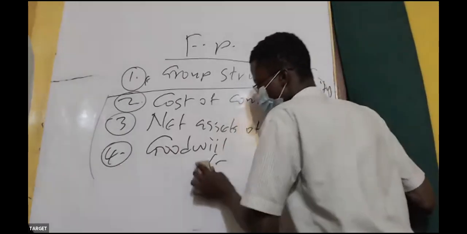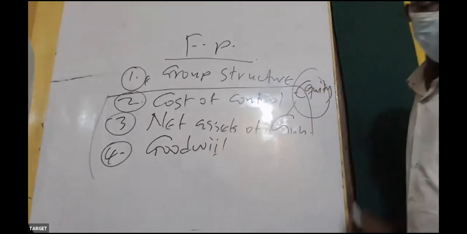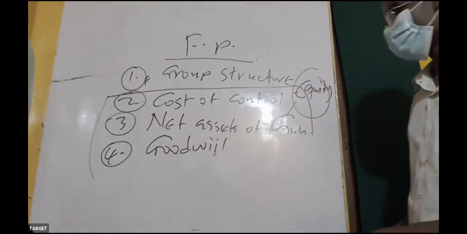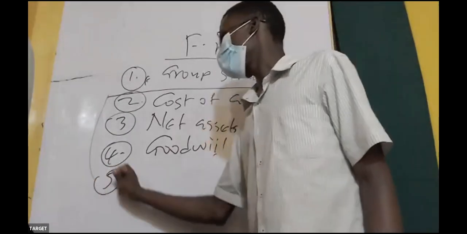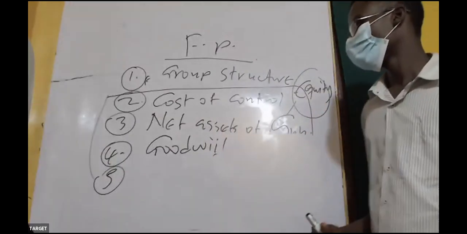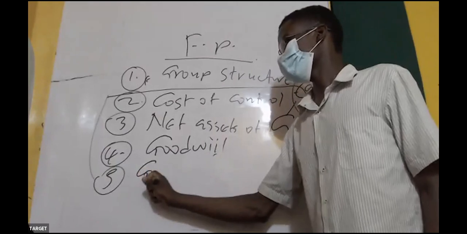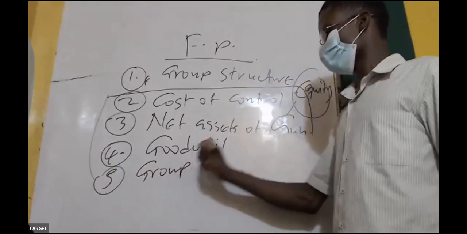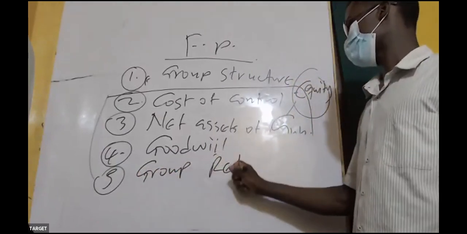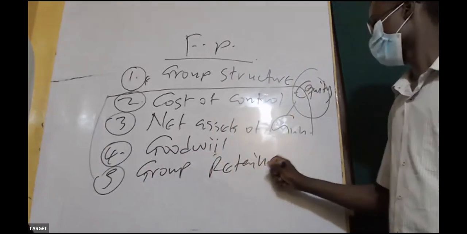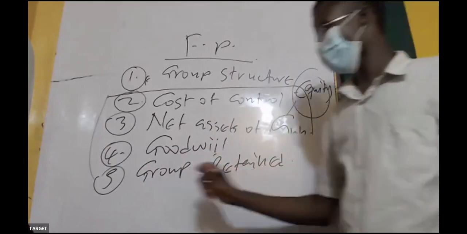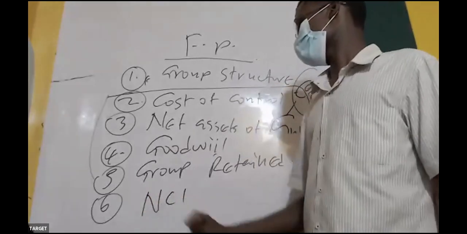Number 5, call it group retained earnings, or group reserve. Number 6, NCI at reporting.